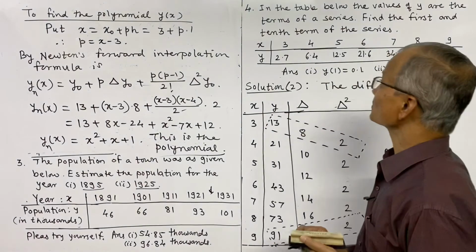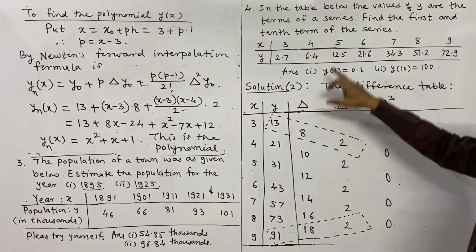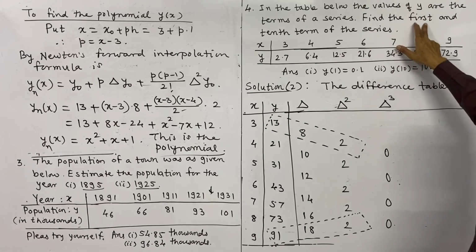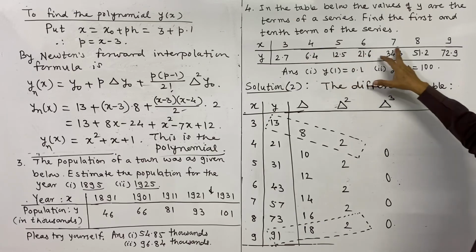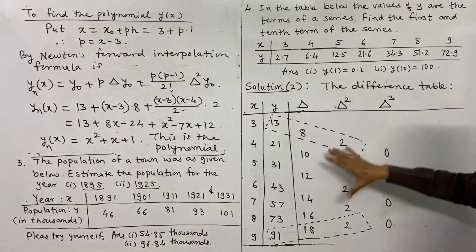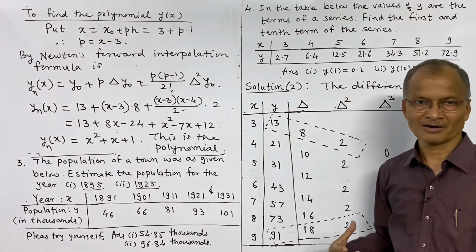And the last one is exactly similar to what we have just solved here. A series is given, and we have to find again the first and 10th term of the series. In place of these values, decimal values are given, and it is preferable to use a calculator.